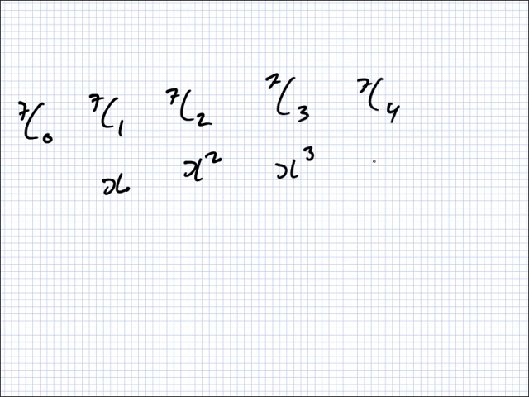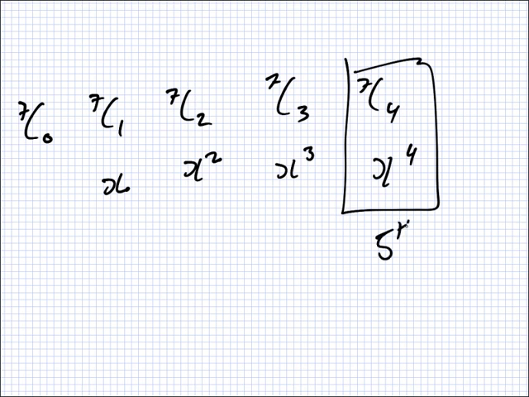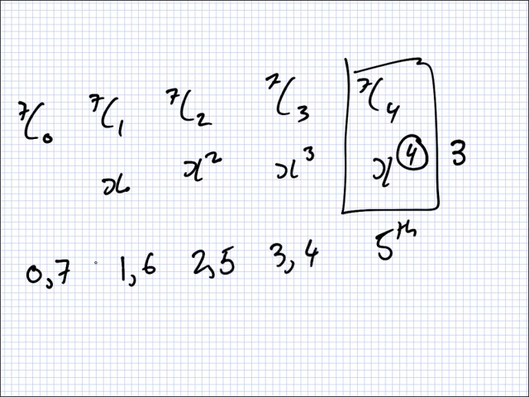And 7C4 has an x^4. It's the 5th term, which has the 4 power, and the other one will have power 3. So it goes 0, 7, 1, 6, 2, 5, 3, 4 on the x plus p.